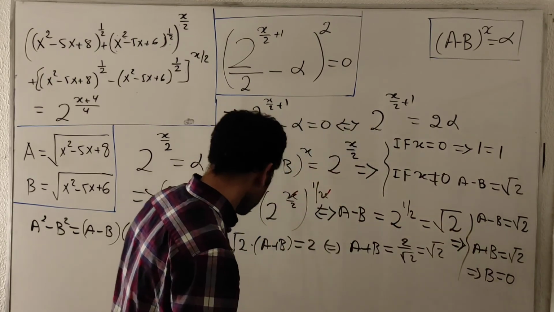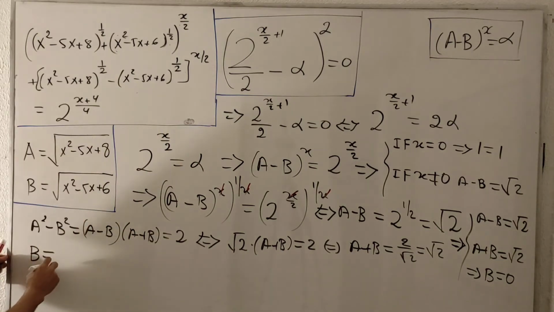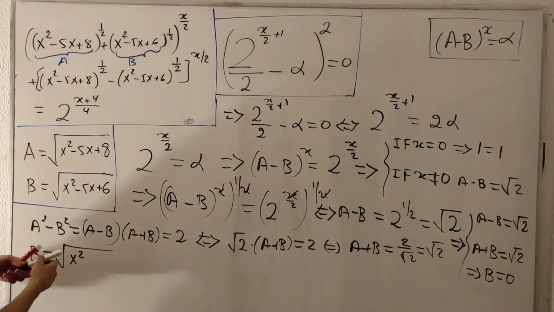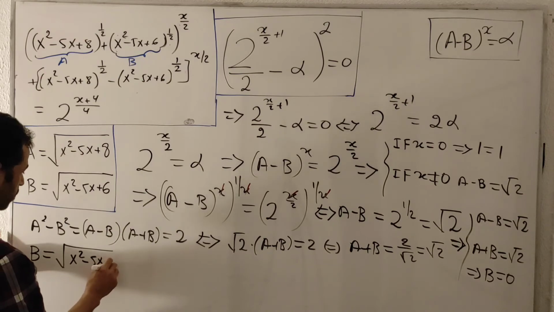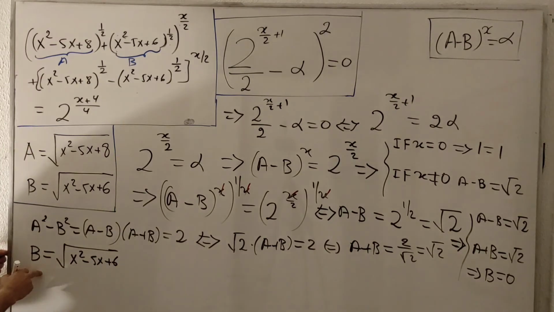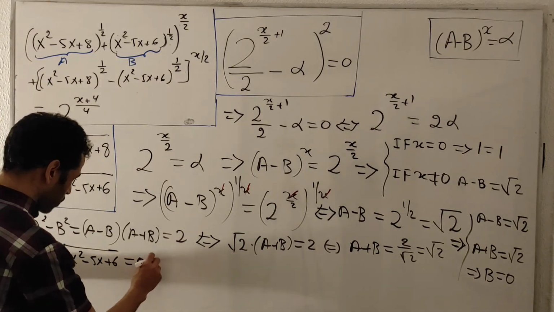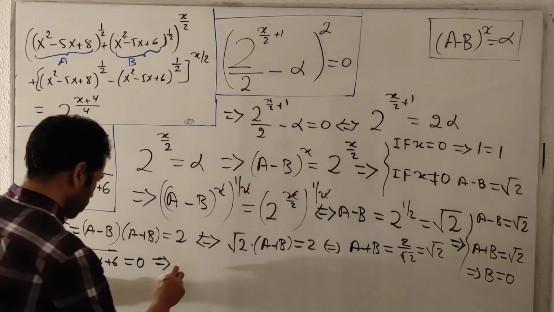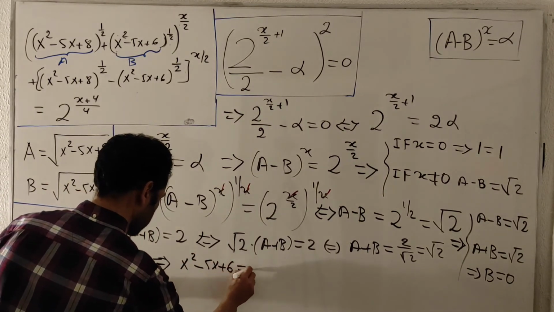So since b equals 0, and b was the square root of x squared minus 5x plus 6, that means this one equals 0. I'm going to solve this equation. So we'll have x squared minus 5x plus 6 equals 0.